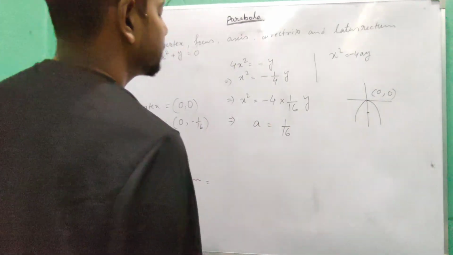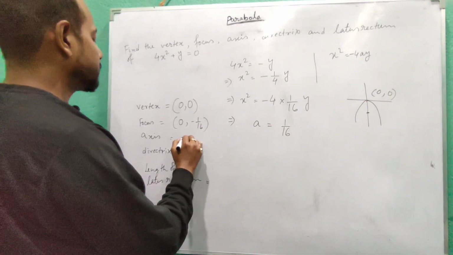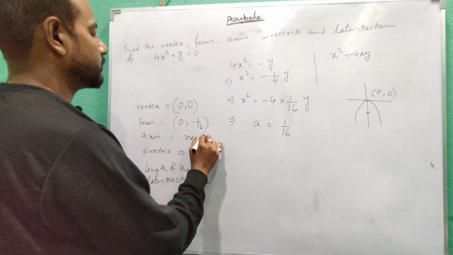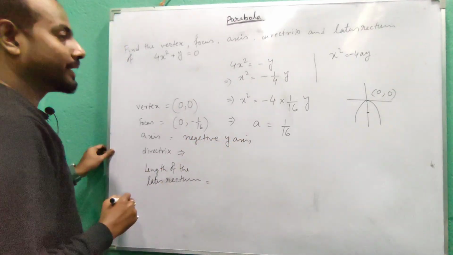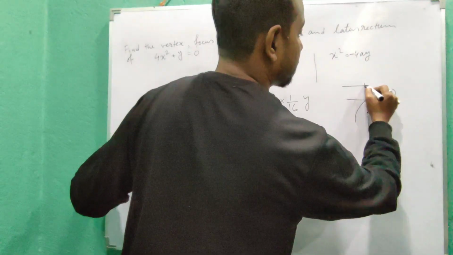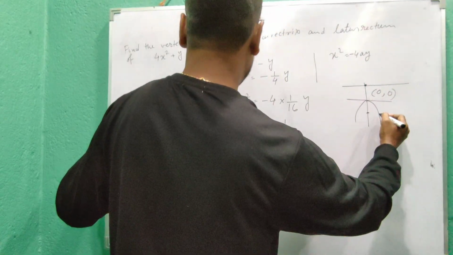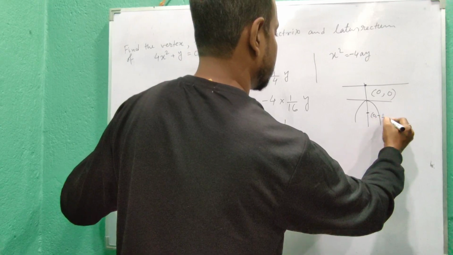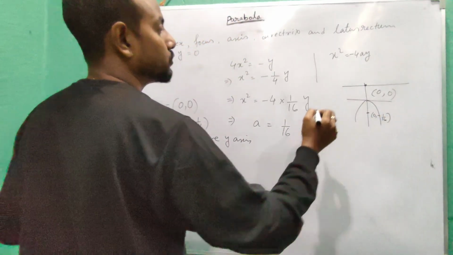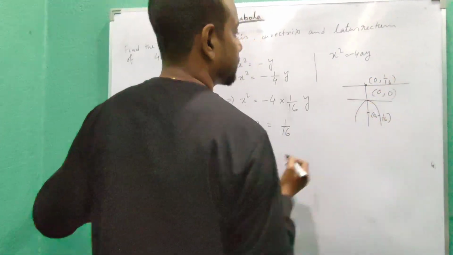The axis will be the negative y-axis. The directrix will be passing through the point 0 comma plus 1 by 16.